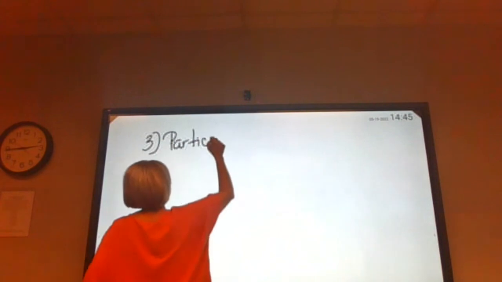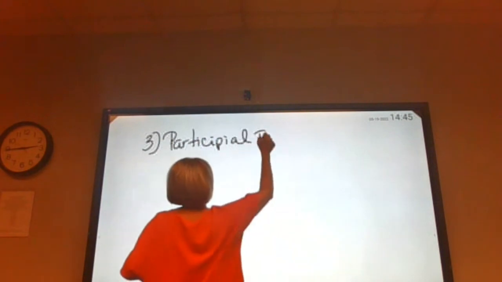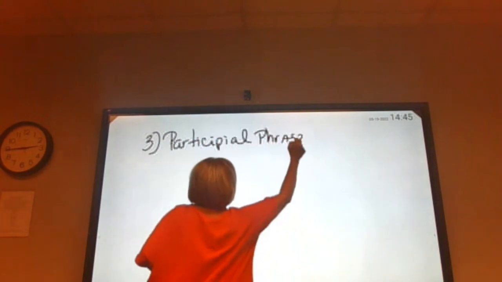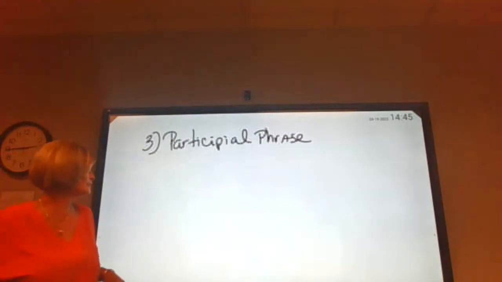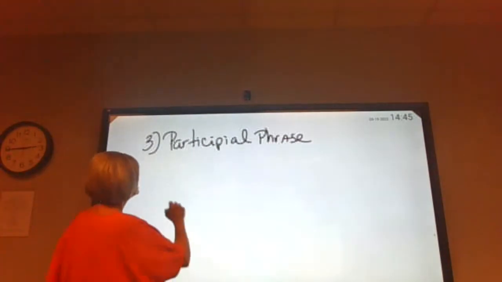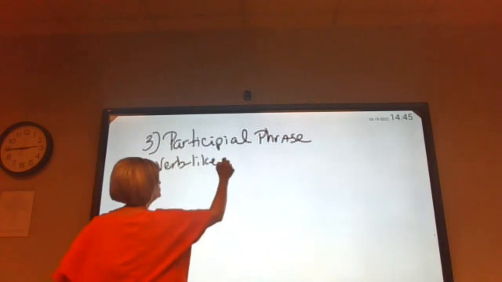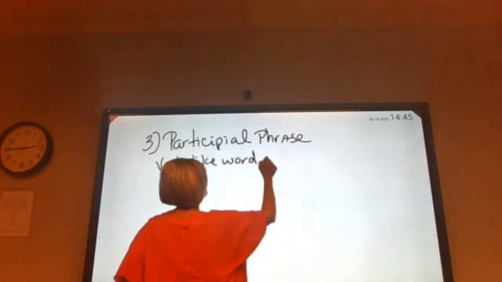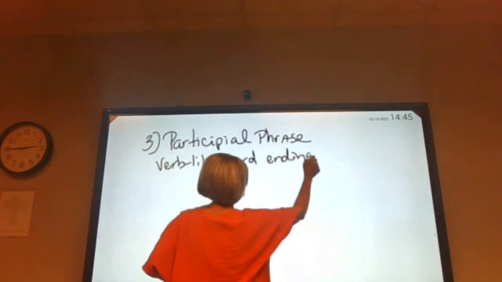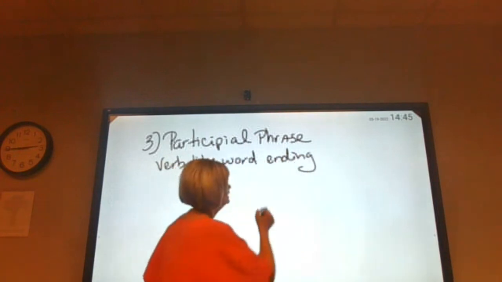Number 3 is our participial phrase. We will see this much later in the semester, but this one also, we would say, has a verb-like word ending, and this is where the confusion can come in.